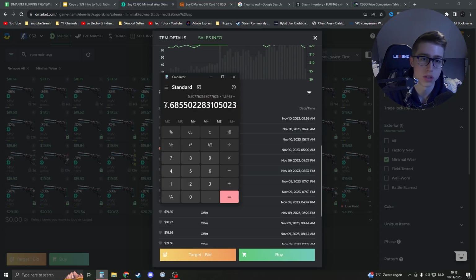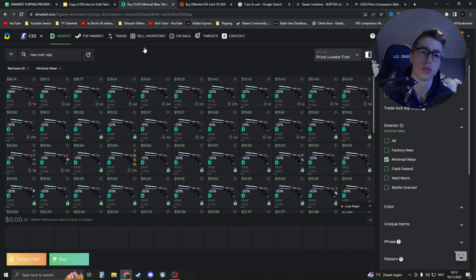Then we have a percentage of 7.68, which is very good, because we want a minimum of 5% profit. I hope you understand how profiting works, because this is very important. If you make mistakes with these calculations, if you make mistakes with knowing how much you made, and you suddenly only made 1% instead of 10%, yeah, you're not gonna be that happy.